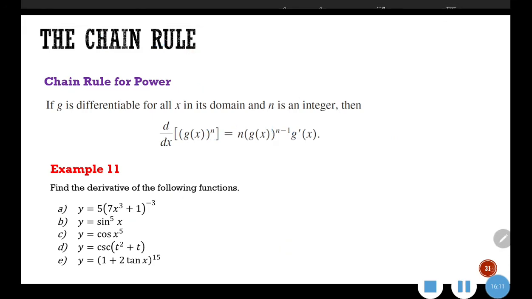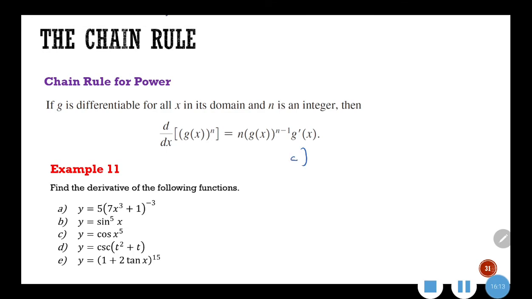Okay, whereas for C is different. For C here we have y equals to cos x power of 5. Ni maksudnya y equals to cos everything, dalam angle tu adalah x power of 5. So maksudnya kalau kat sini, dy over dx, first thing kita nampak apa? Cos, kan? So differentiate cos, what you will get? You will get negative sin.